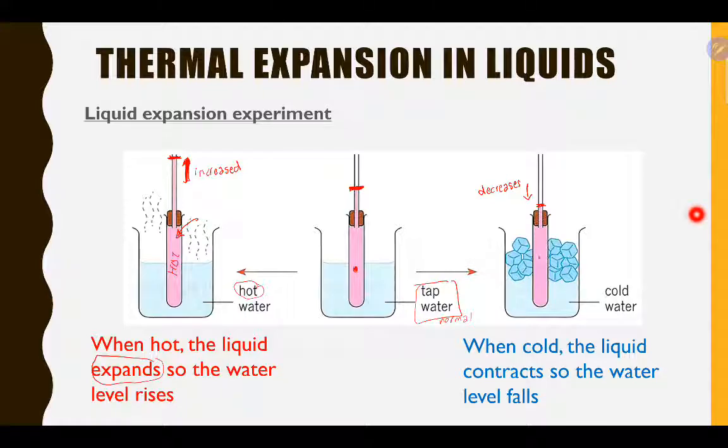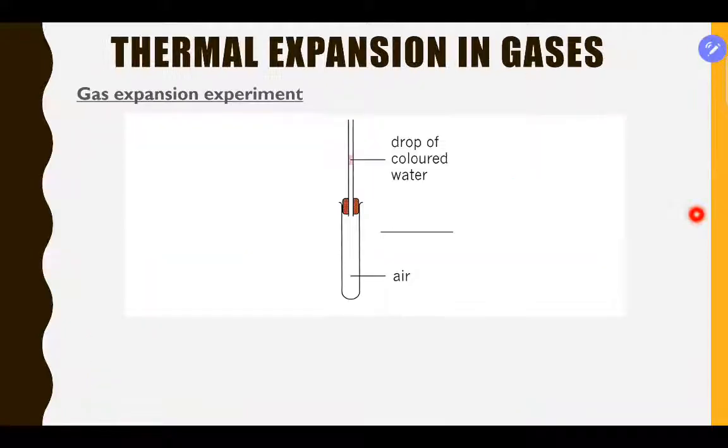That's because the cold water made the liquid particles inside, the pink one, contract. Because they contract, the volume decreases, so it lowers. So this shows thermal expansion in liquid.